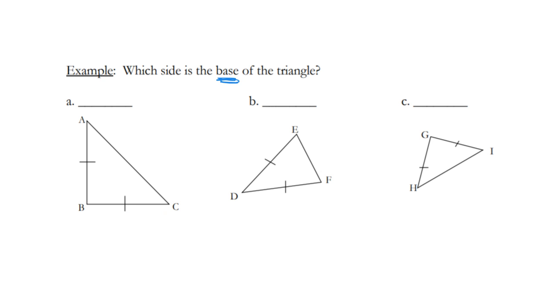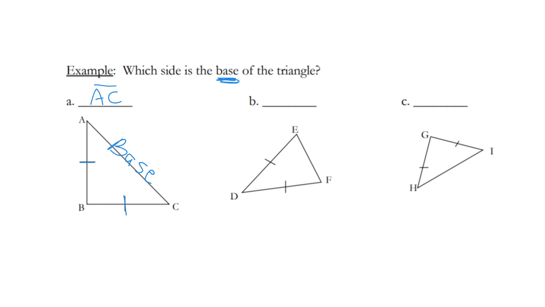And that is the issue that we have often. Like it's sitting on this side, so that must be the base of the triangle. It is not. The base is the side that is not the legs, right? So in this case, since we know this is congruent to this, we know those are the legs, so this must be the base. So segment AC is the base.